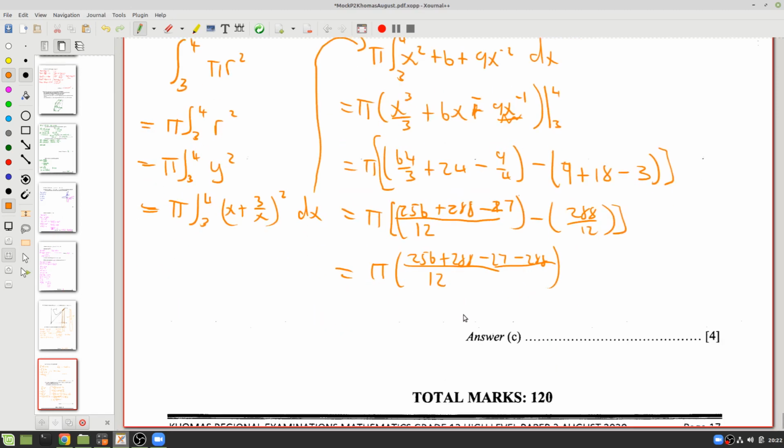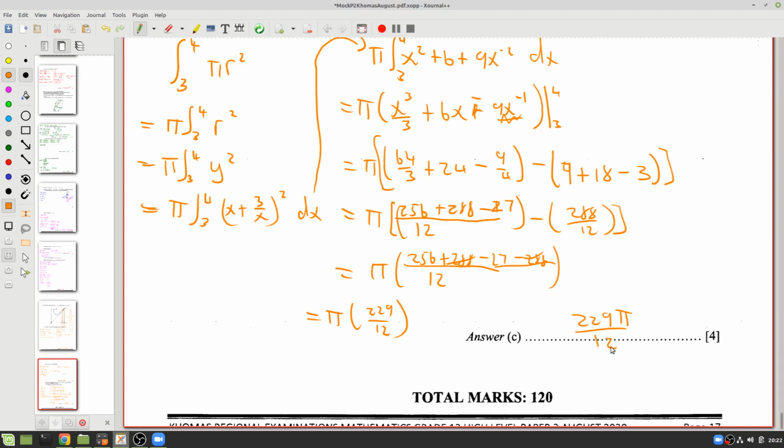All right, so we're getting pretty close to the answer here. Pi times, okay, the 288 and the negative 288 cancel. So 256 minus 27, should we just take 20 away? That's 236, minus 7 is 229. So 229 over 12. Okay, so that's what we have. 229 pi over 12. Perfect.